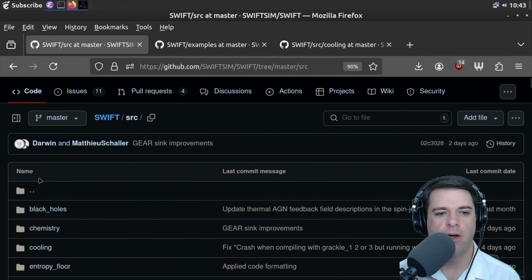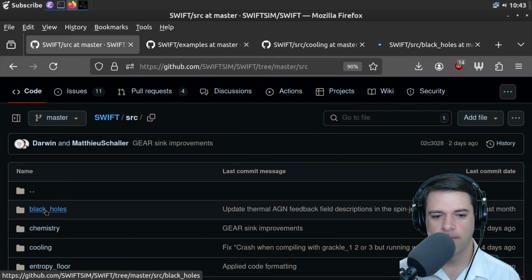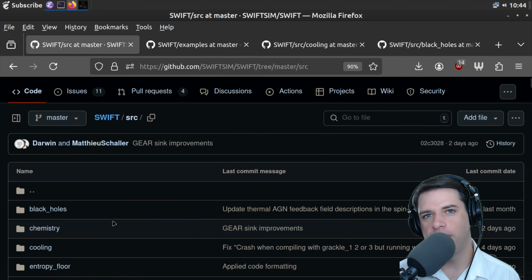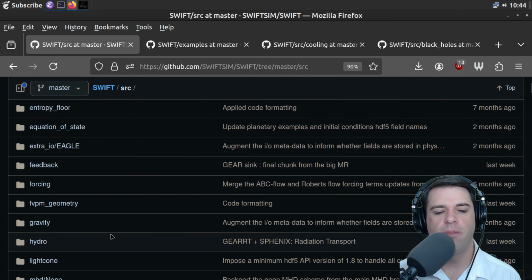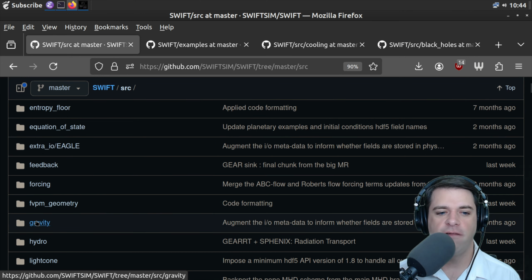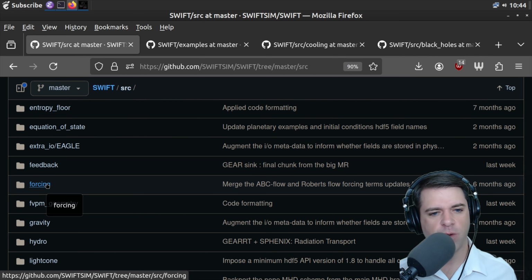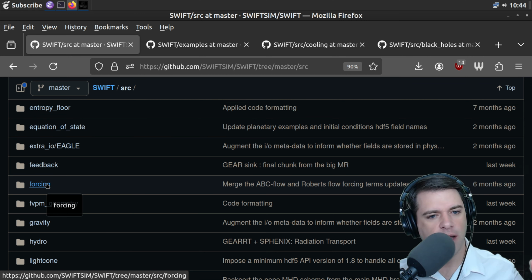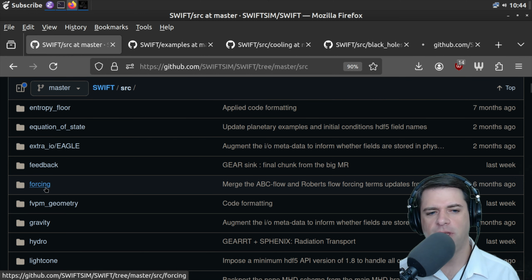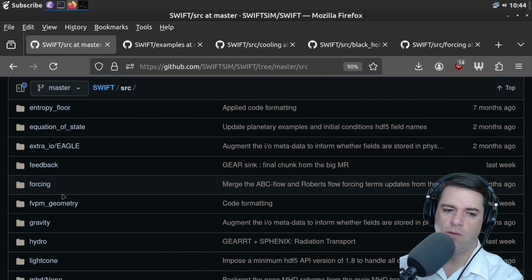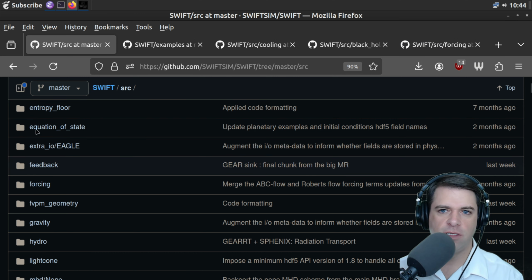Obviously, we have to open up black holes. Well, I mean, we don't want to open up black holes. That's dangerous. But we can open up the black hole folder. We have gravity forcing. I'm going to guess this is forcing terms on an oscillator as opposed to something like set forcing, which I don't think they use in physics as far as I know.